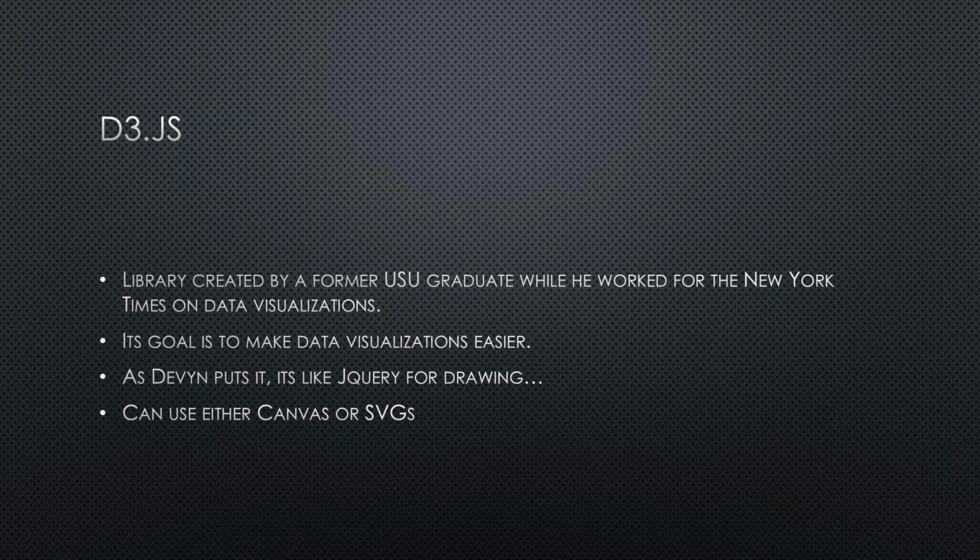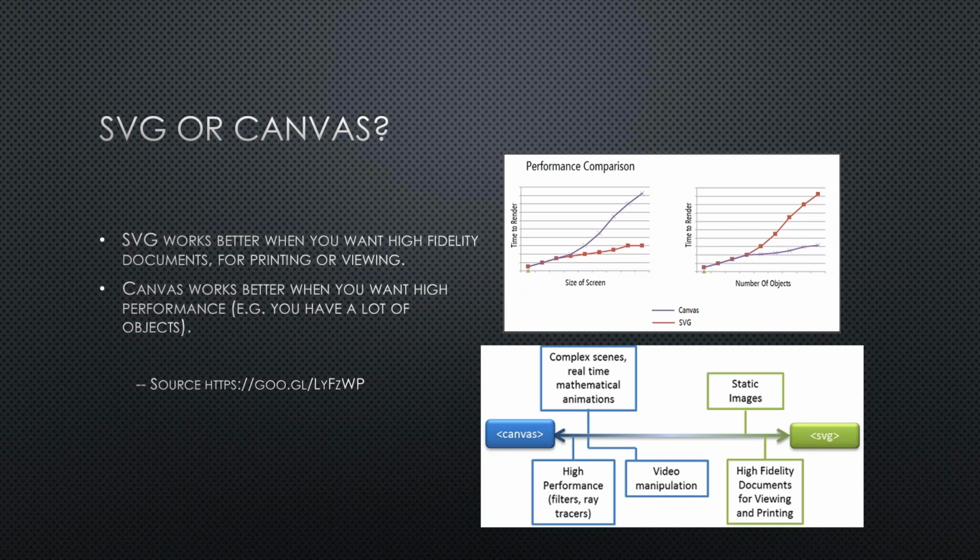As Devin puts it, he calls it jQuery for drawing, which he's partially right about, but I kind of disagree. It does more than just draw, and it can use either Canvas or SVGs.